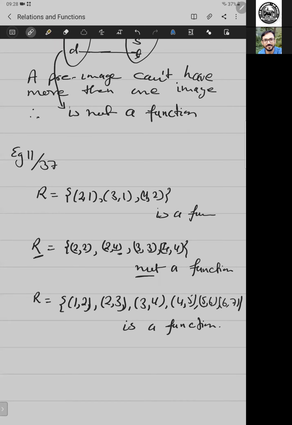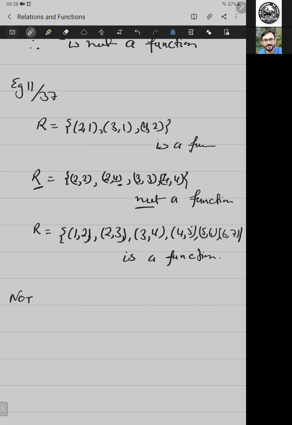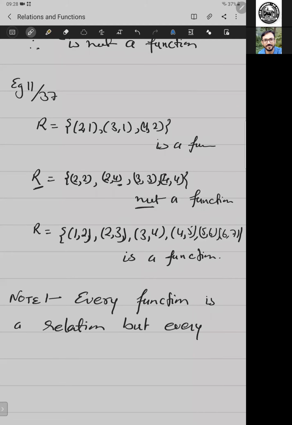See, it is a relation, but it is not a function.